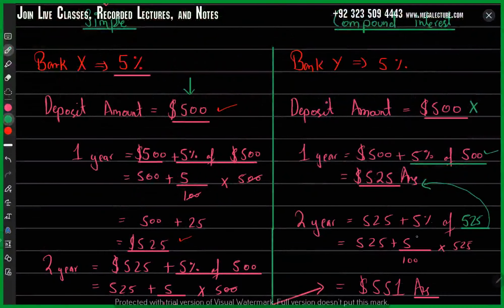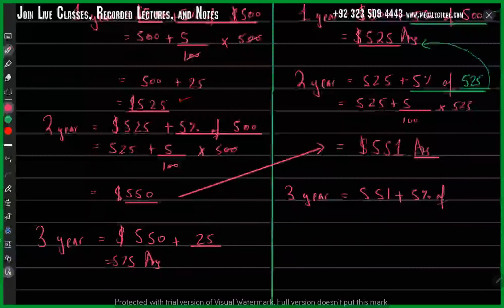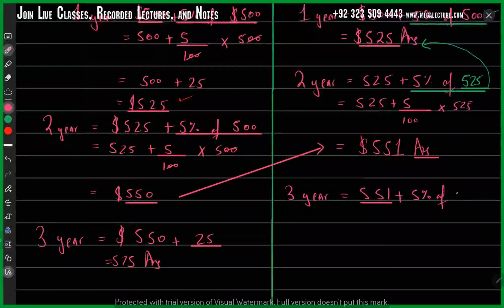And now when I calculate it for the third year, you will again see it's 551 plus 5% of this amount. So 5% of 551, and now I will just do it directly.